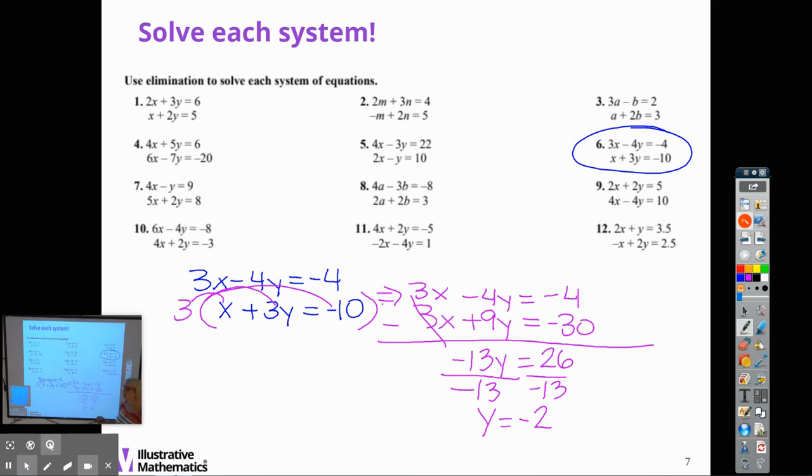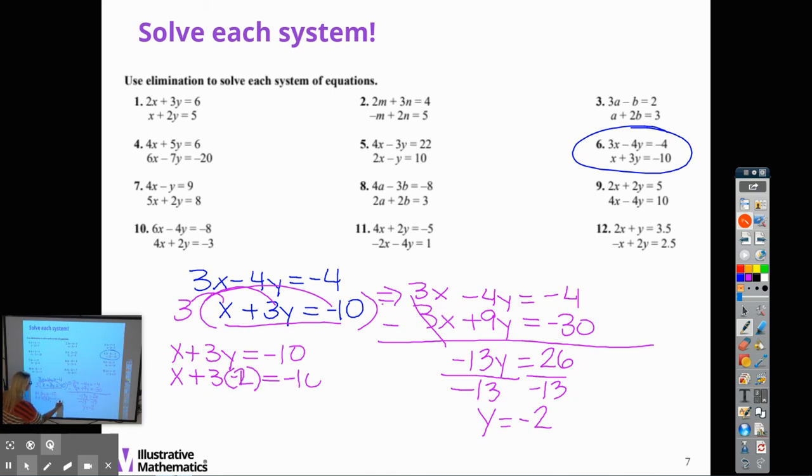Then we have to plug that back into either one of the equations. The easiest one is probably the one where x is already a 1. So x plus 3y equals negative 10. So instead of y, I'm going to put negative 2, sorry, not negative 10.